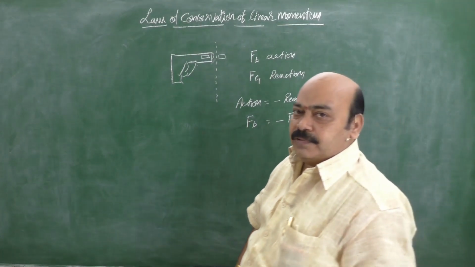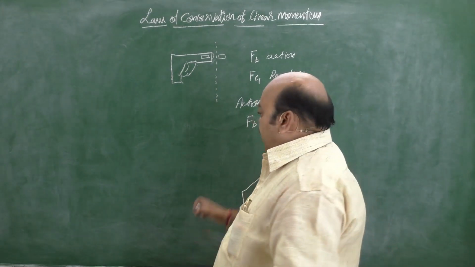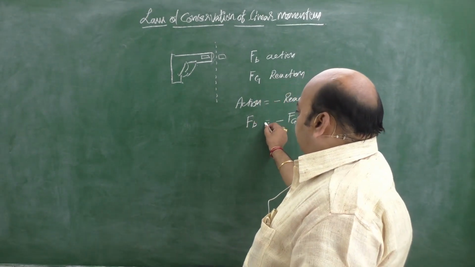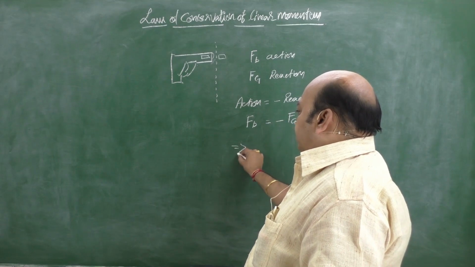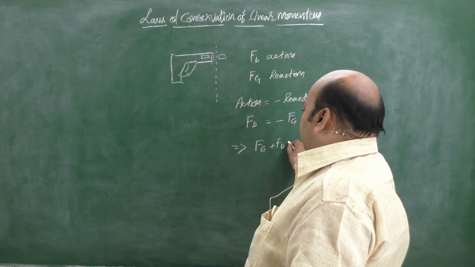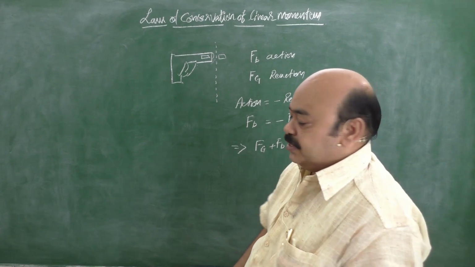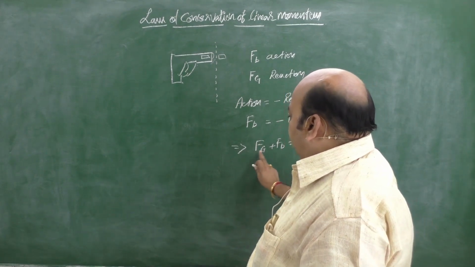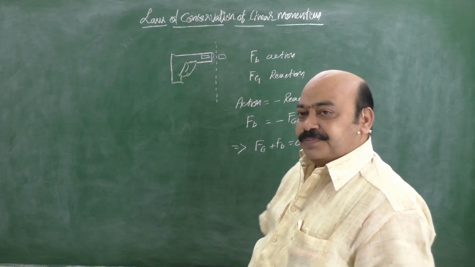Now, Fb equals minus Fg is nothing but Fg plus Fb is equal to 0. What do you mean by this? The total force becomes equal to 0.